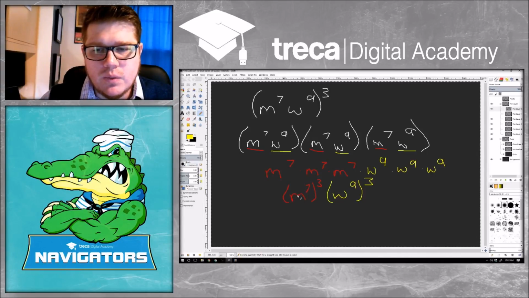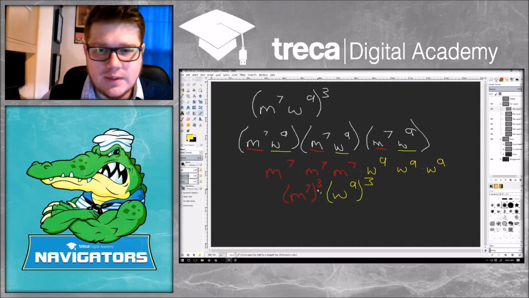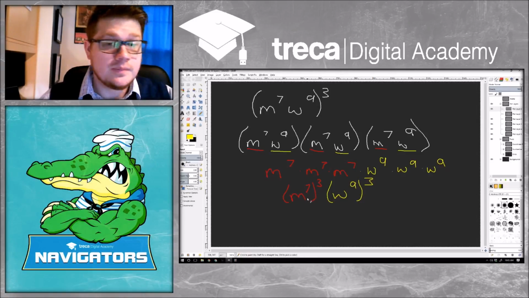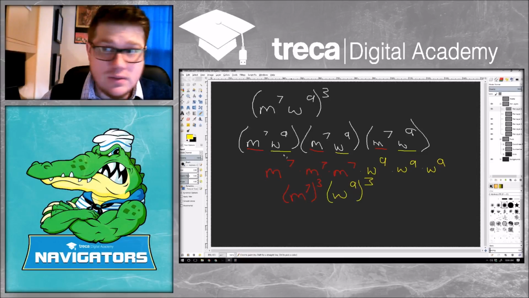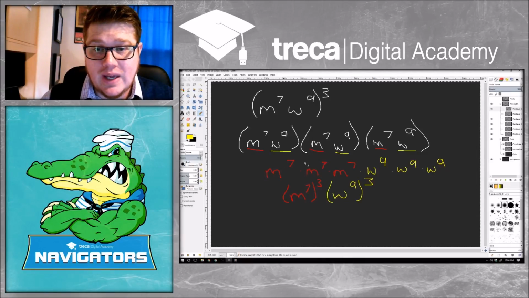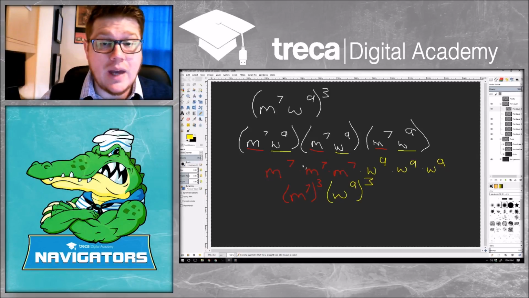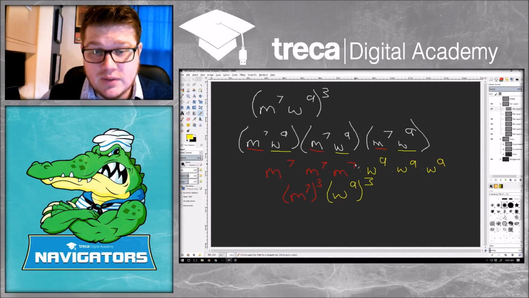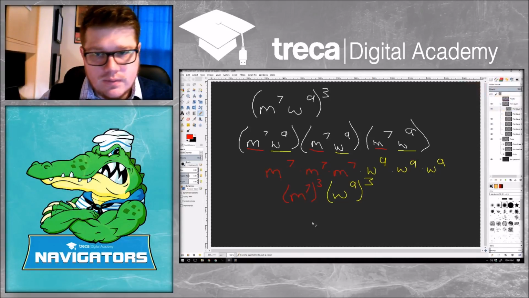So what happens when you raise m to the 7th and then you cube that, right? Well, we can think about it up here. When you multiply two variables raised to an exponent, you add their exponents. So 7 plus 7 plus 7 is m to the 21st.